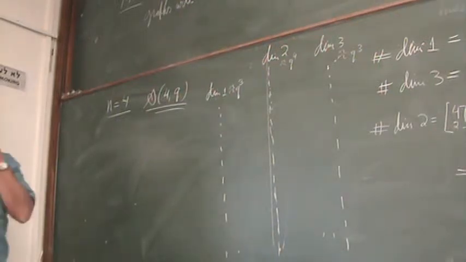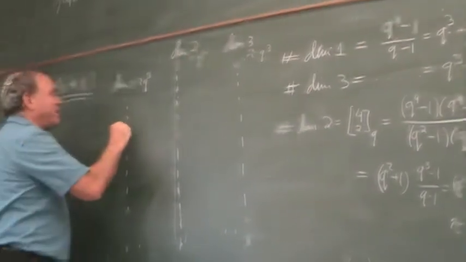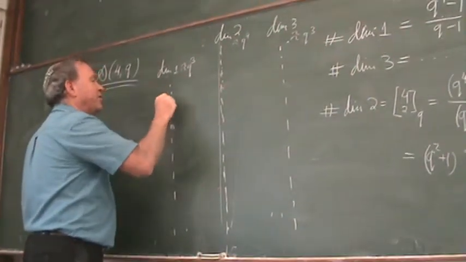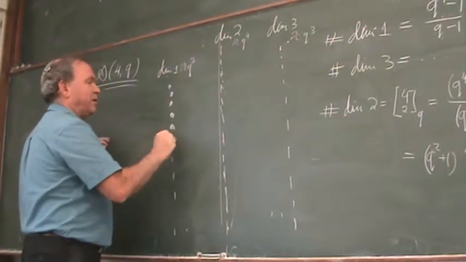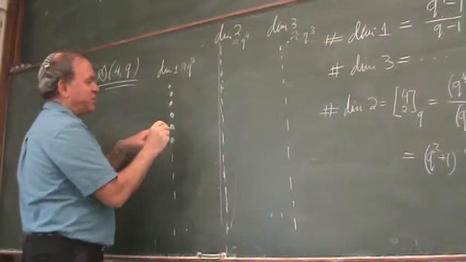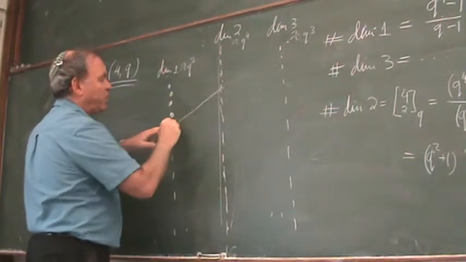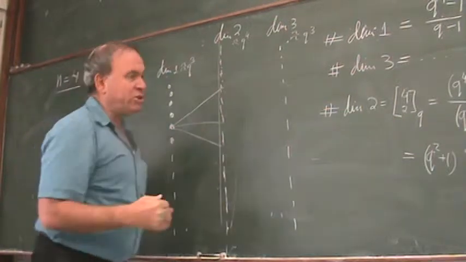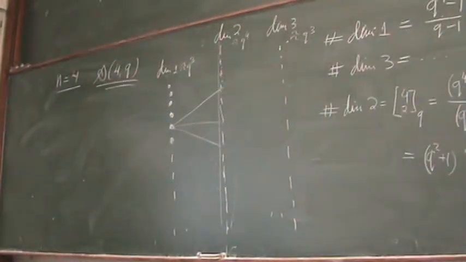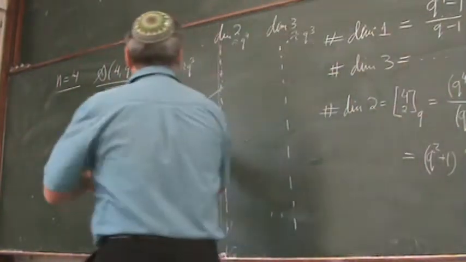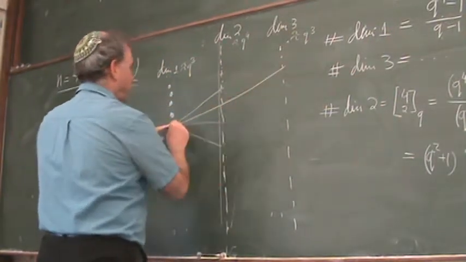Okay, so now let's see what the degree of every vertex is here. So what is the degree? I have to ask myself two questions. How many edges are going from here to here? But I also have to ask how many edges are going from here to here.